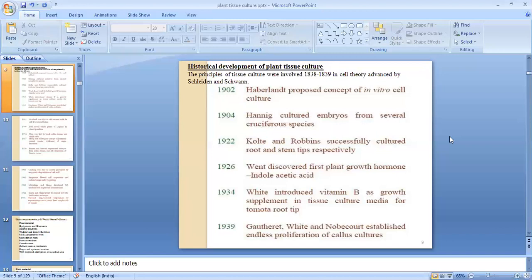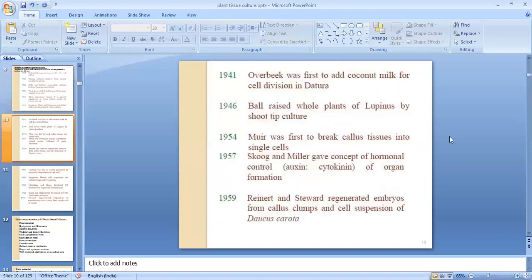And in 1939, Gautheret, White, and Nobécourt established the callus cell culture. And in 1941, Overbeek added coconut milk to the medium to induce cell division in datura.